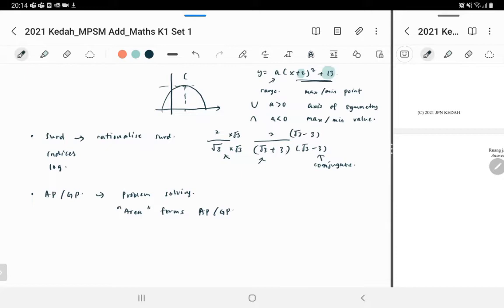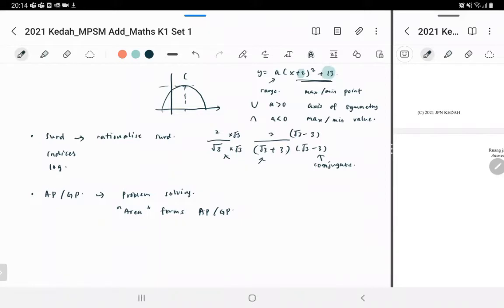What is the information in the question saying that forms an arithmetic progression or geometric progression? And then from there, you need to form the progression first, find your A value and the difference, or the A value and the R value, and then put it into the formula. Okay, so AP and GP is more problem solving. Practice some of the questions from there.